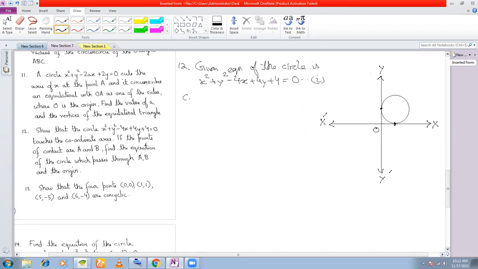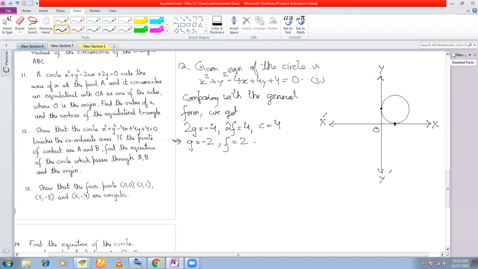Okay, so comparing with the general form, we get 2g is equal to minus 4, 2f is equal to 4 and c is equal to 4. So you get g is equal to minus 2, f is equal to 2 and c is equal to 4.